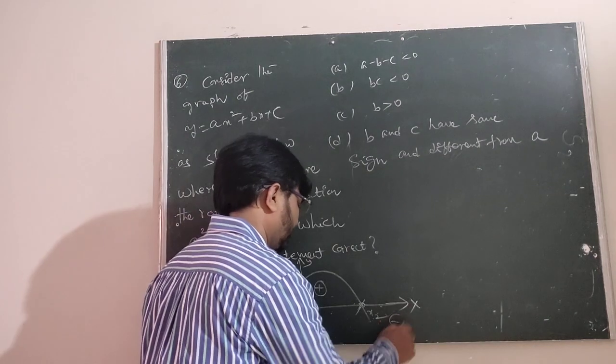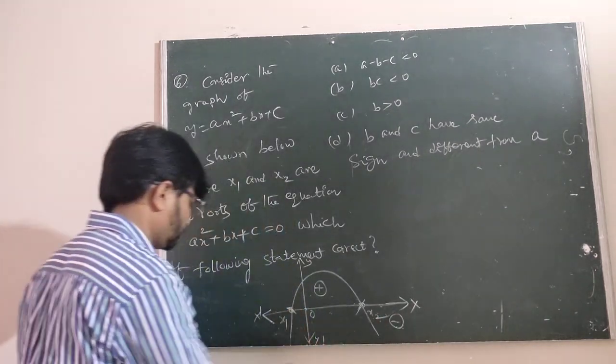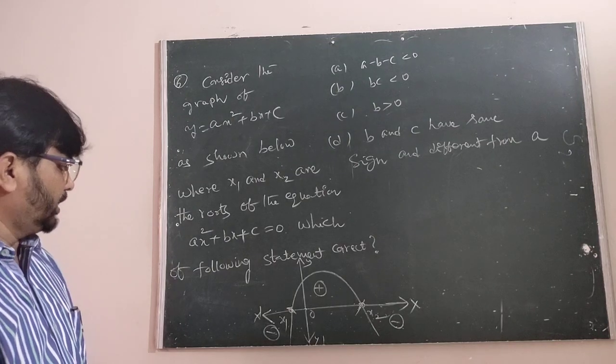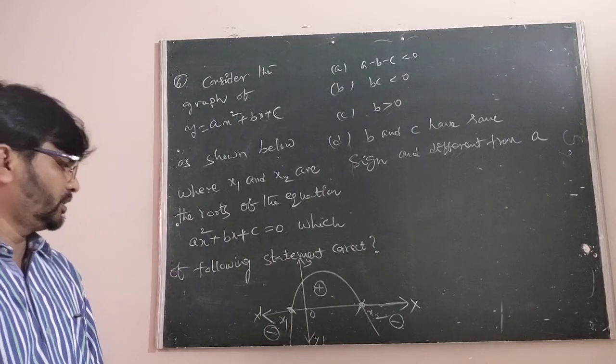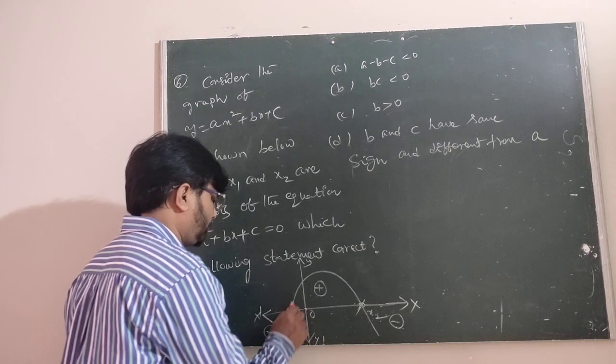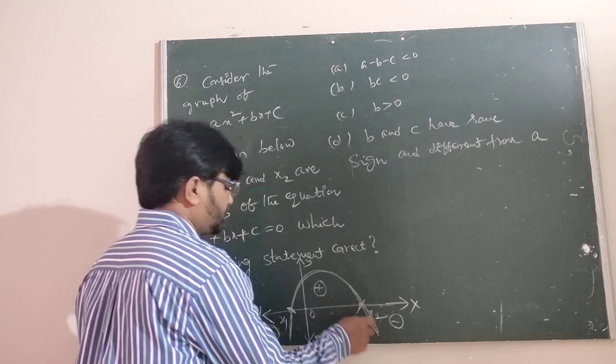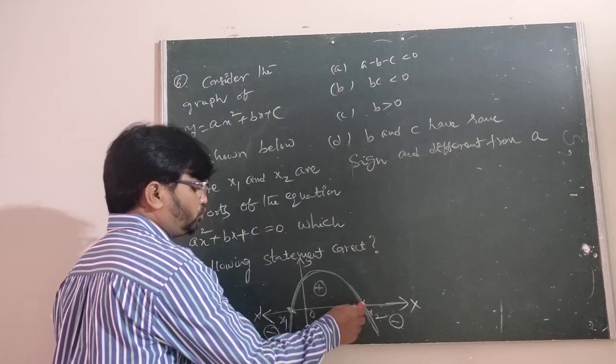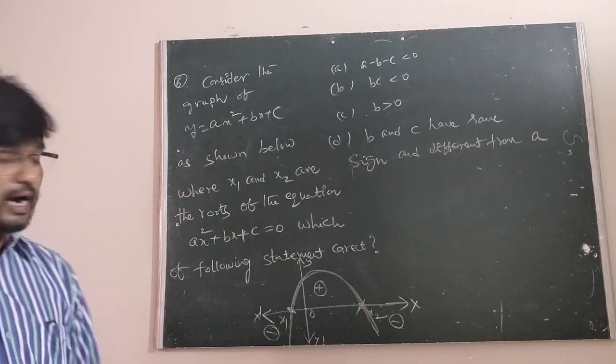This one is negative, as we already discussed in the last question. This part is also negative. Here this is a downward parabola meeting the x-axis at two distinct points.